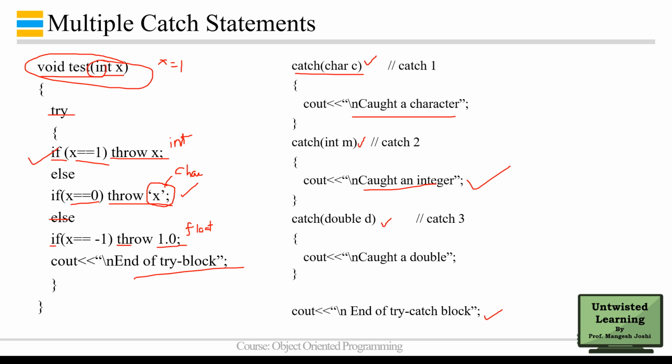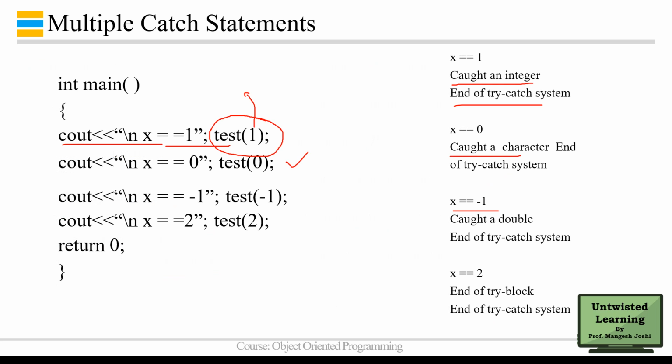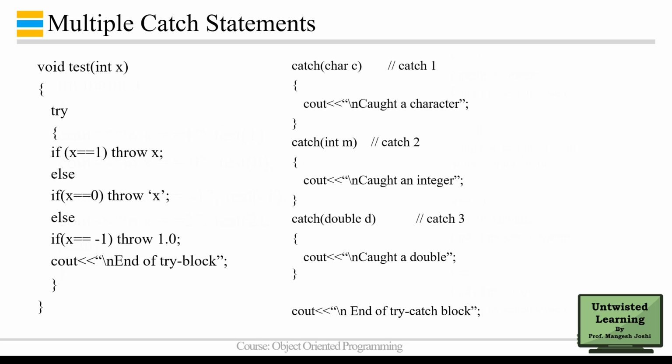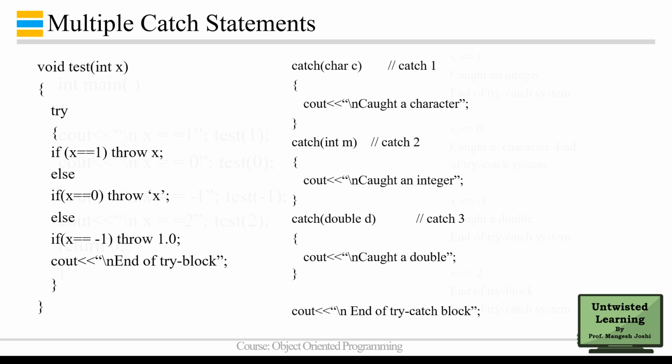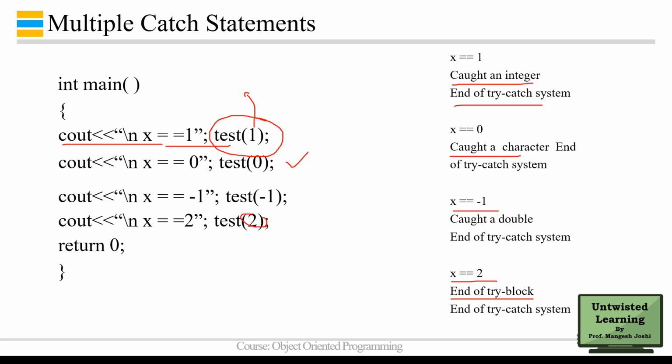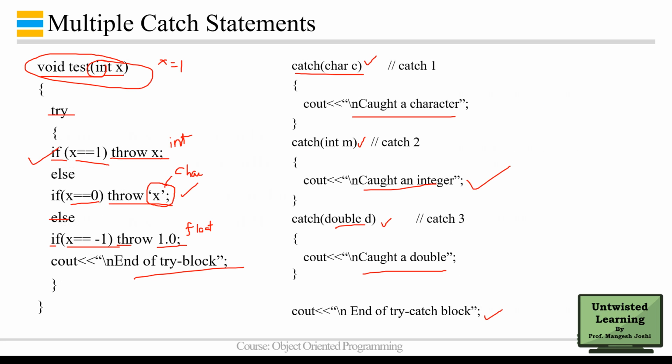And you can see x compares with -1, throw 1.0, that is your double, and caught a double. And whenever you are giving x as 2, the 2 will be passed. So there is no case for 2, so it will not throw anything, and that's why you can simply see end of try block, that is this, okay?